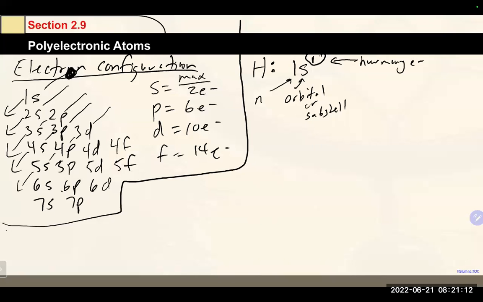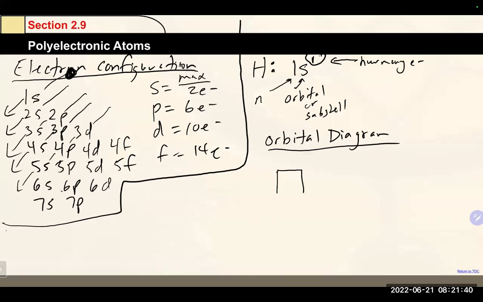We also can display electron configuration using what is referred to as an orbital diagram. An orbital diagram uses either boxes or lines to represent the orbitals, and arrows to represent the electrons. Here I will just use a box.